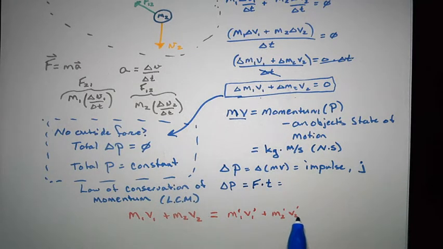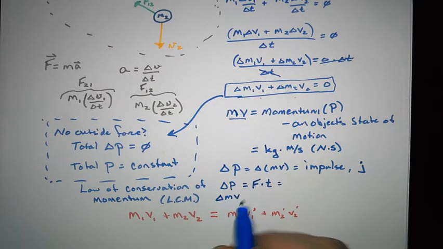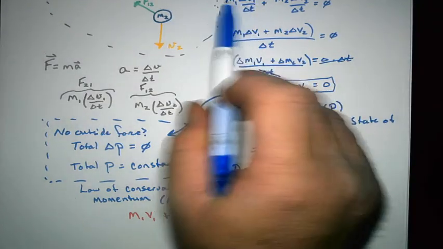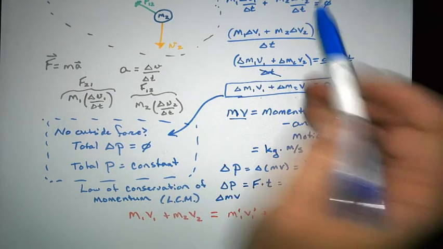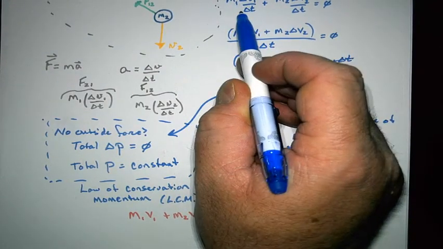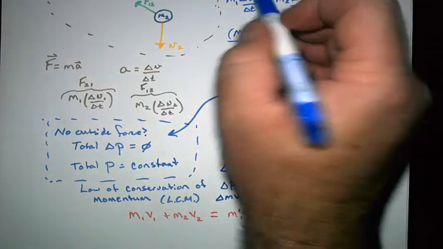Or if you want to see it a different way, if change in momentum was delta m times v, here's our delta mv divided by t. Well, this is equal to force, right?